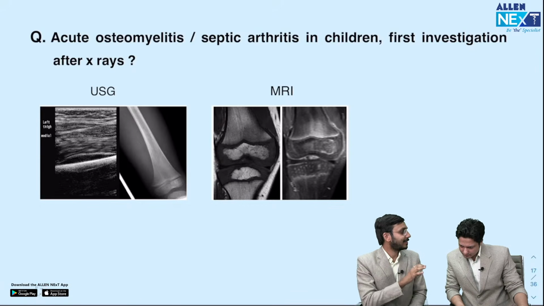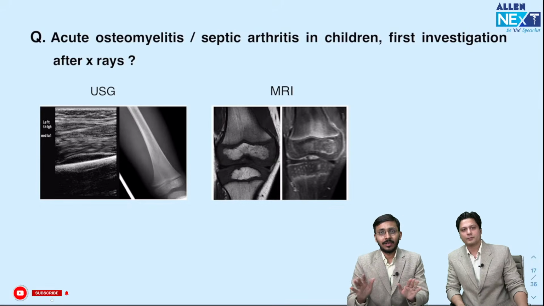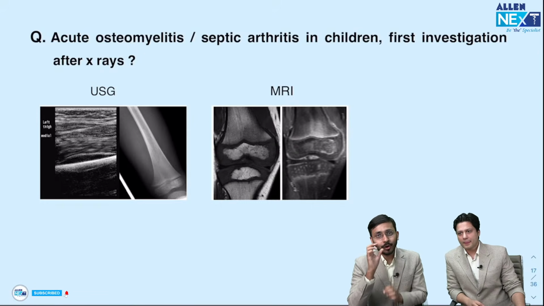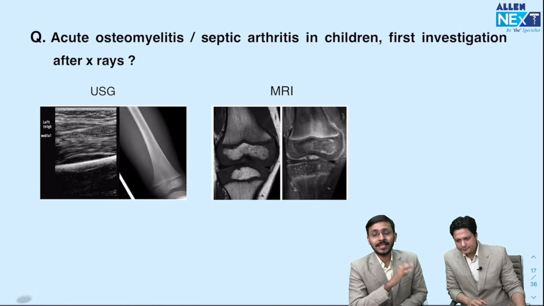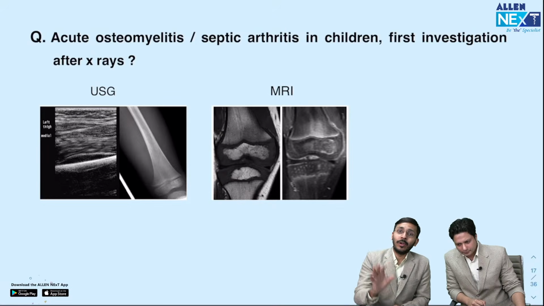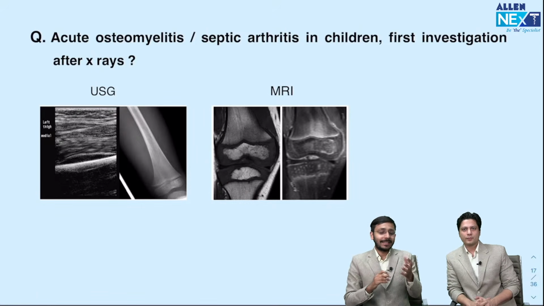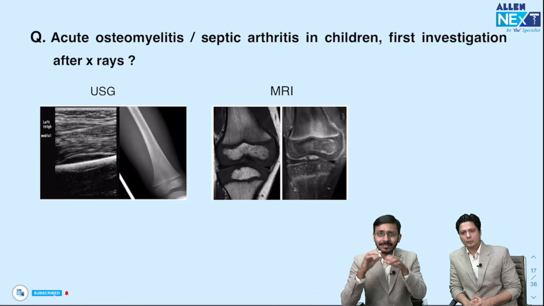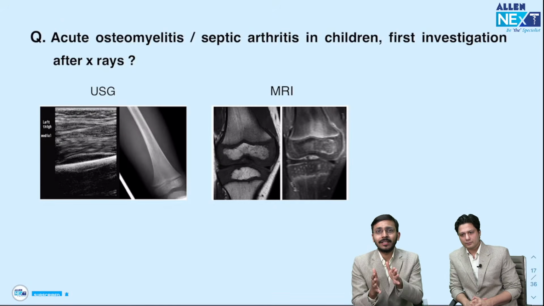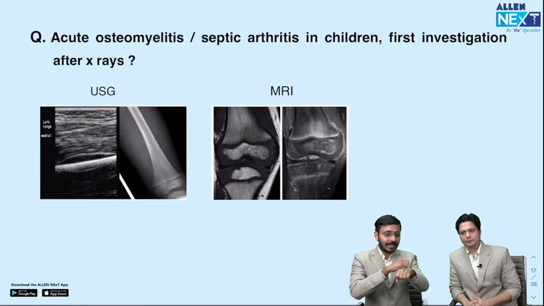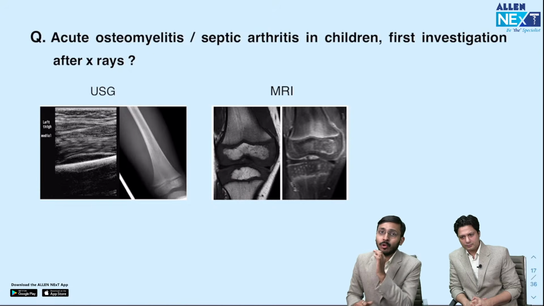What you typically see are soft tissue changes. For picking up soft tissue changes, ultrasound is a very good investigation. And in children, their skin is thin, their soft tissue is thin, so an ultrasound can evaluate the soft tissues very well.